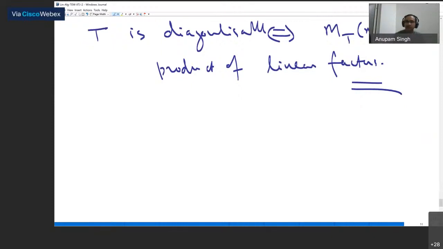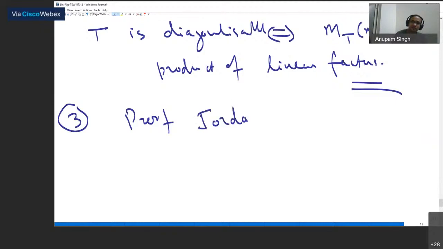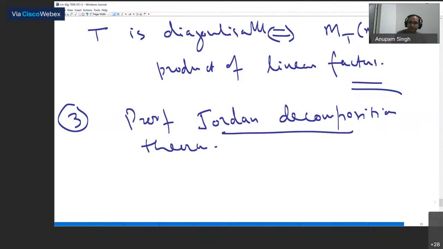We can also prove Jordan decomposition, which we studied yesterday and earlier in the beginning today. The application 3 is we can prove the Jordan decomposition theorem from this.